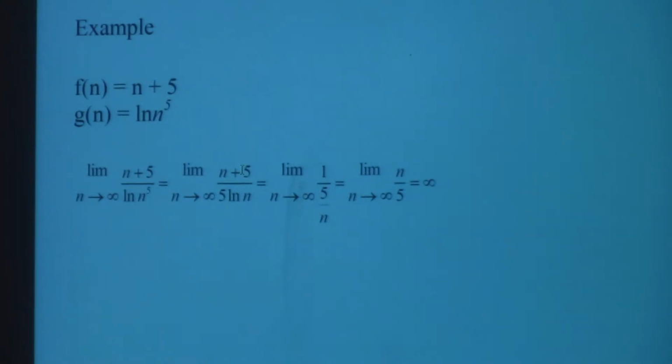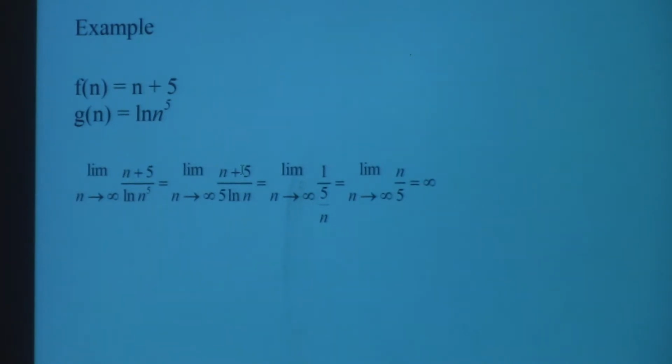And many of you will say, hey, because of the 5, you can do that. So, take the limit of f over g. Rewrite it so that the exponent is in front of the log. So 5 log n.